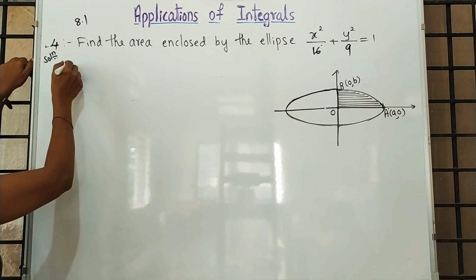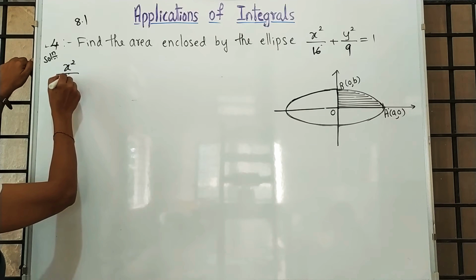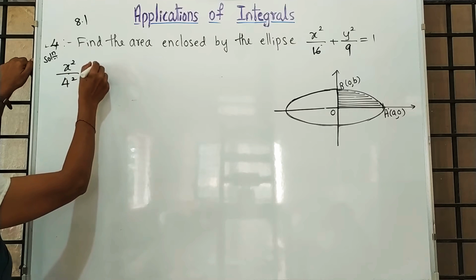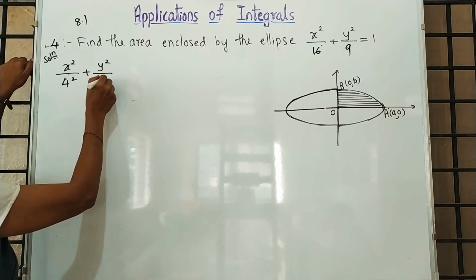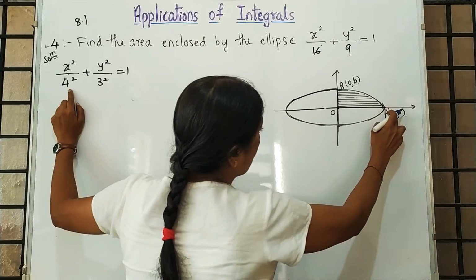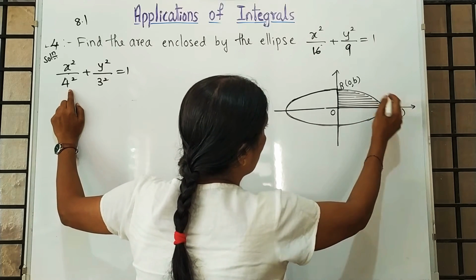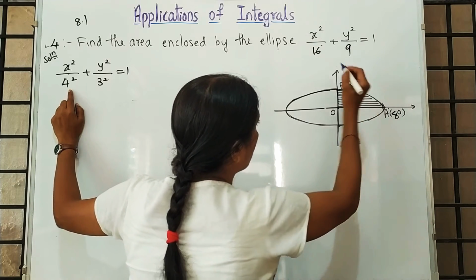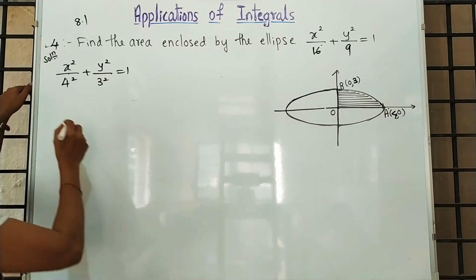Here first, x square upon 4 square plus y square upon 3 square is equal to 1. Now A is 4 means the vertices are 4, 0 and 0, 3. Write down as it is.